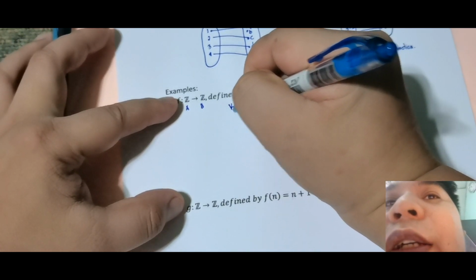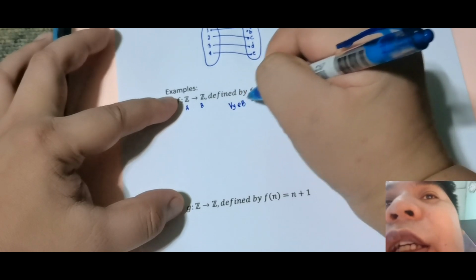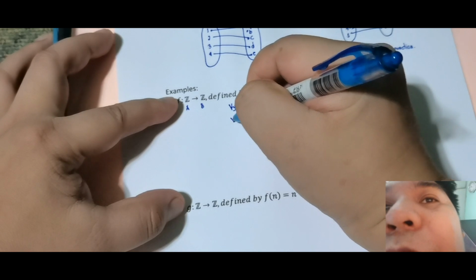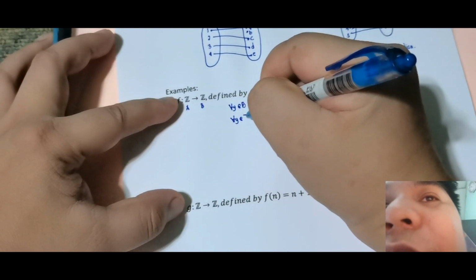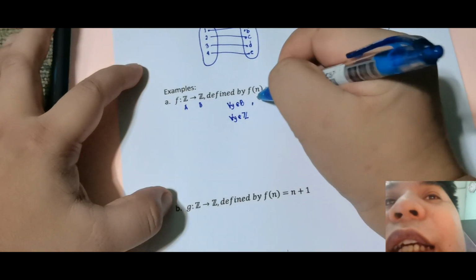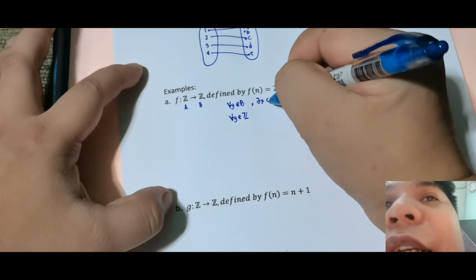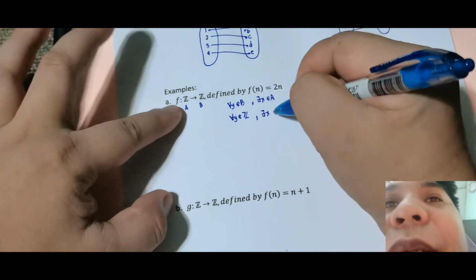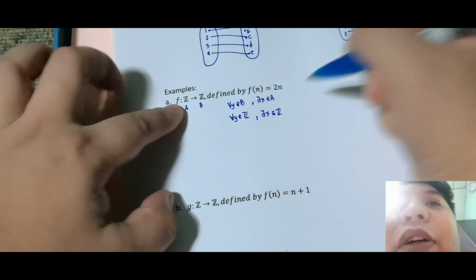Rewrite ko dito sa baba: for all y, element of integers, kasi integers doon. There exists x, element of A, so there exists x, element of integers din dito.